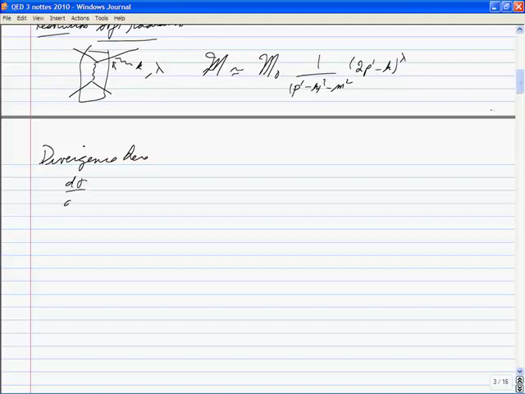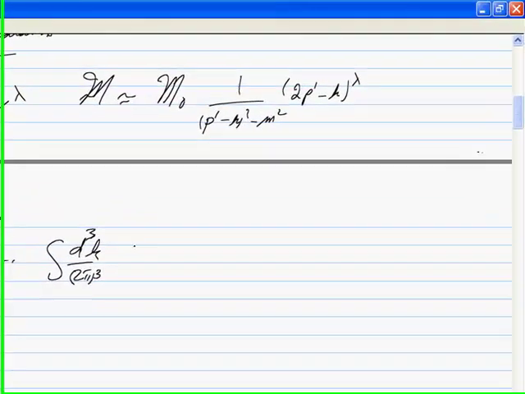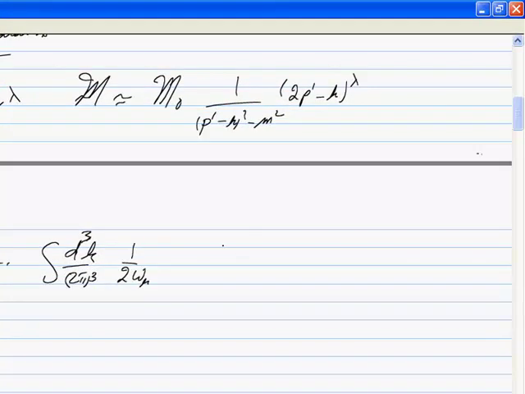You get d sigma, let's just imagine doing d sigma d omega. We have a bunch of stuff. There's an integral over the phase space d3k over (2 pi) cubed, 1 over 2 omega k, lots of stuff, m squared. And so m goes like 1 over, okay, actually I need to say that. This piece here, by the same calculation we did above, looks like 2p dot k, or 2p prime in this case, when we're at very low momentum, just the same calculation.